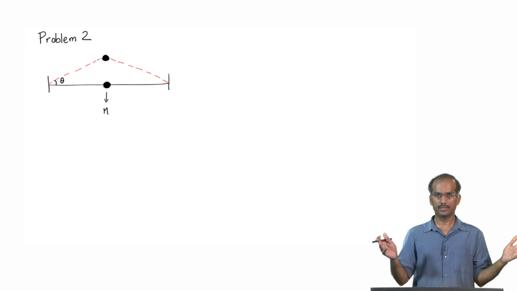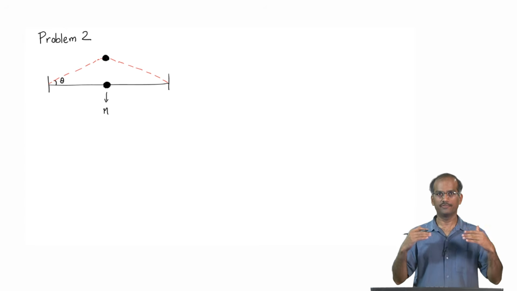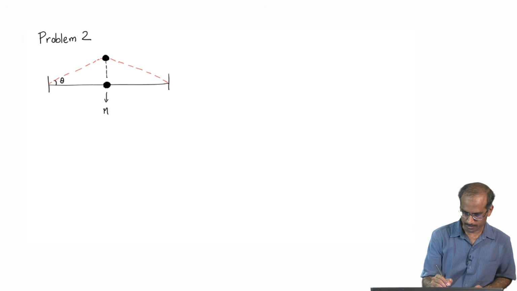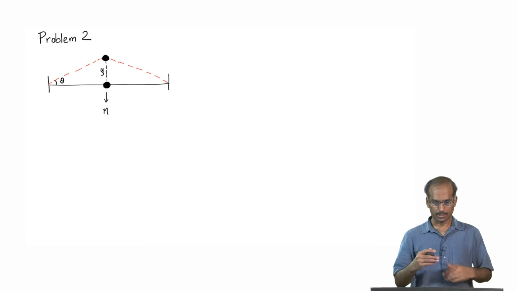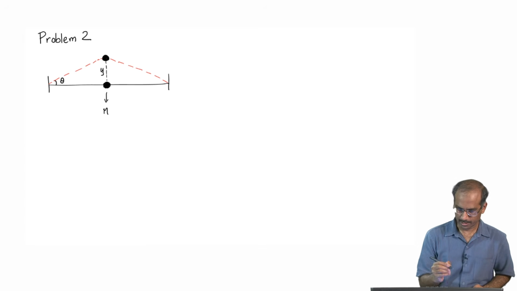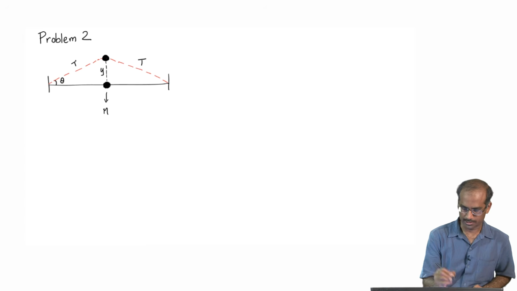You do not do anything to it, nothing happens to this block. So, that will define our equilibrium position, and with respect to the equilibrium position, this will be the variable y. So, that would be our displacement, and important thing for us is there is tension T in the string.